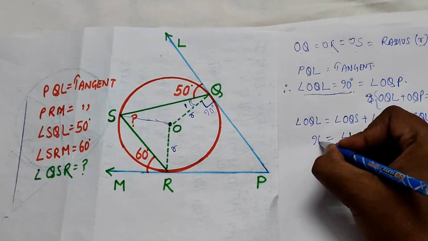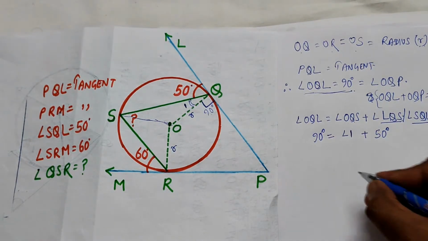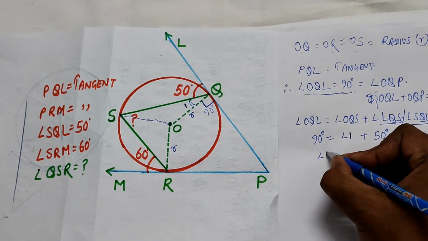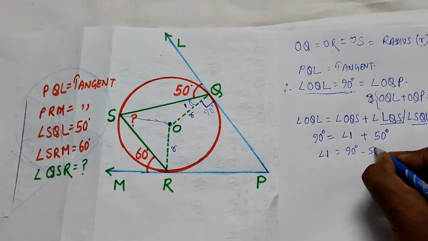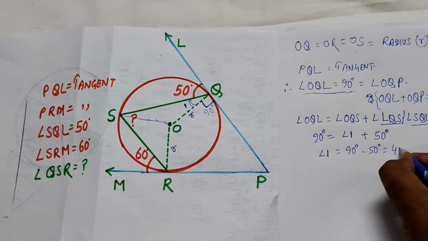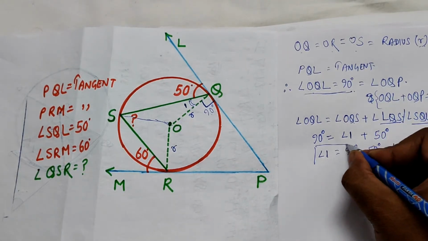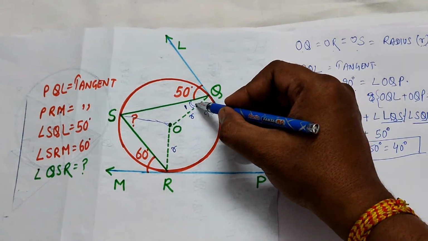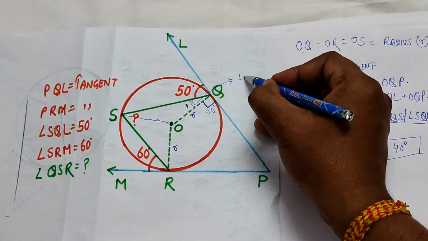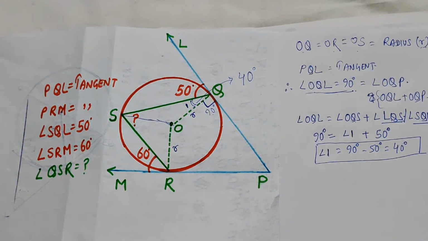So put the value of 90 degrees over here. So we calculate angle 1 as 90 degrees minus 50 degrees, which is equal to 40 degrees. So this angle 1 is calculated as 40 degrees, right?